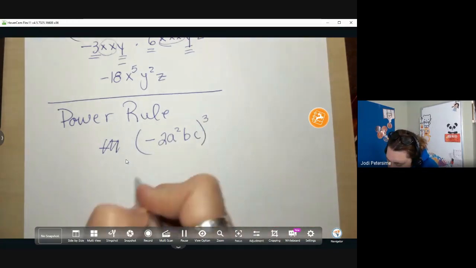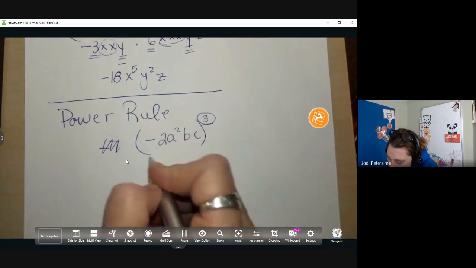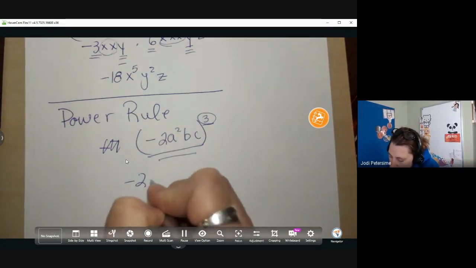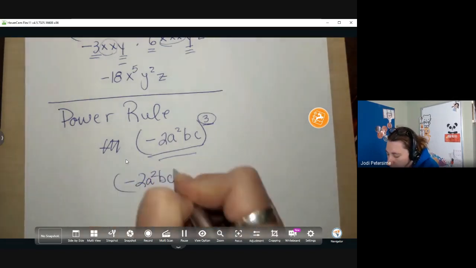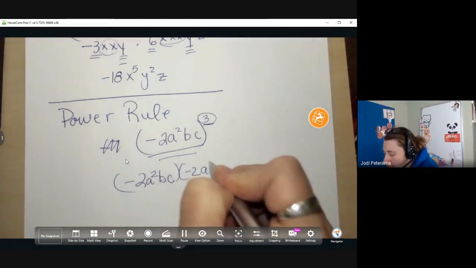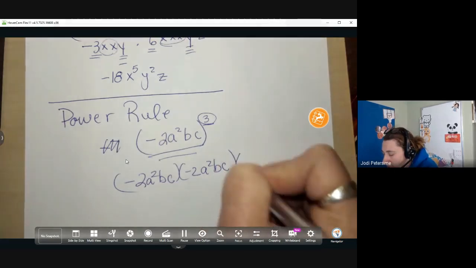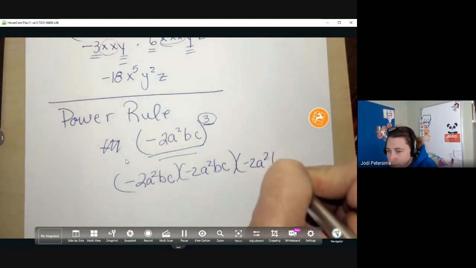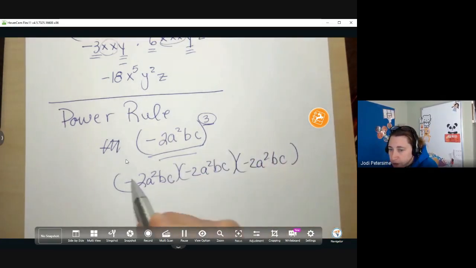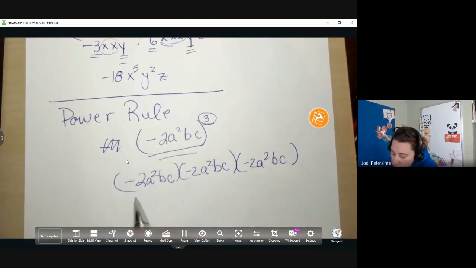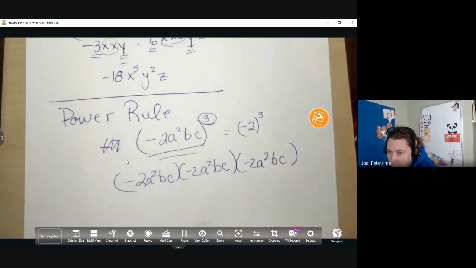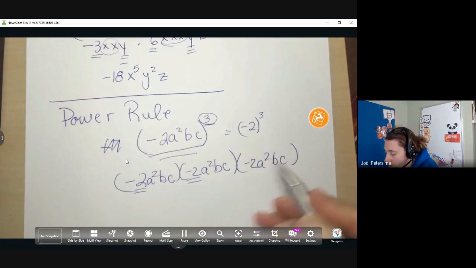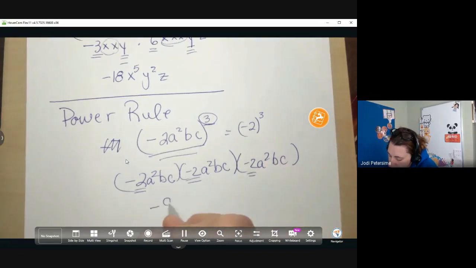So if I have 3 of these, I have negative 2, a squared bc, negative 2, a squared bc, negative 2, a squared bc. I have 3 of those. So this is really saying negative 2 to the third power. Negative 2 times negative 2 is 4, times negative 2 is negative 8.